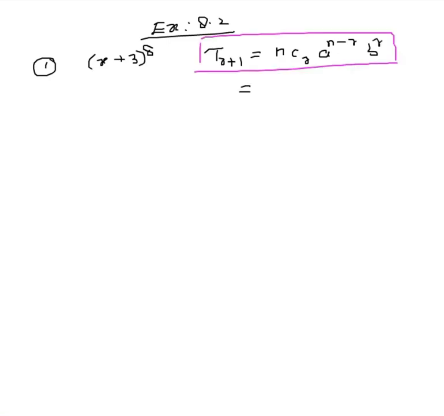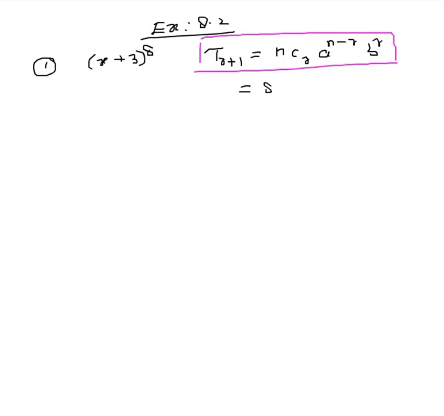Let us do exercise 8.2. First question, find the coefficient of x^5 in (x + 3)^8. We need not write the whole expansion. We can use the general term formula, which is T(r+1) = nCr a^(n-r) b^r.